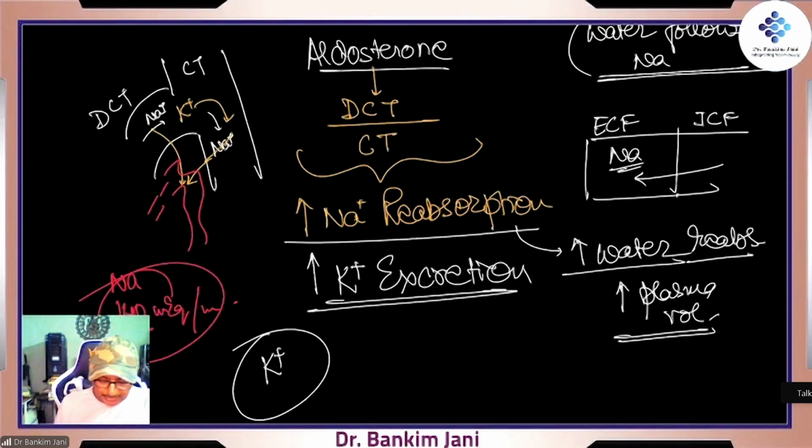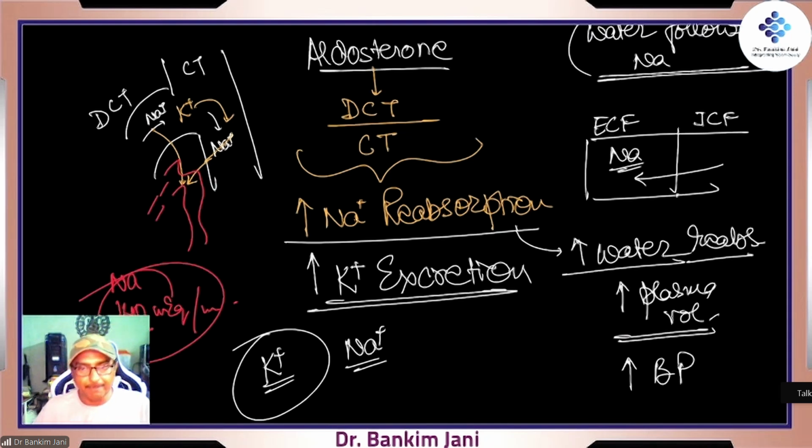Inside we have potassium and outside we have sodium, so it is the balance of both. The sodium potassium pump with its 3:2 ratio keeps on working, correct? So this is how it works: increased water reabsorption, increased plasma volume, and thus an increase in blood pressure.